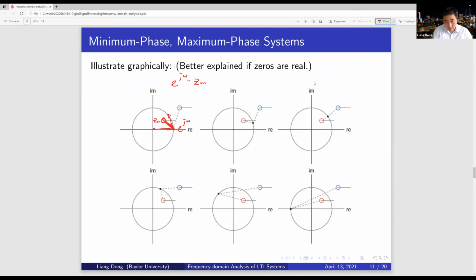Let me exaggerate here. So this is that part. It's this angle. The second one is this angle here. It's 0. And the same thing, if you go on this unit circle, you will also have this effect. Okay.